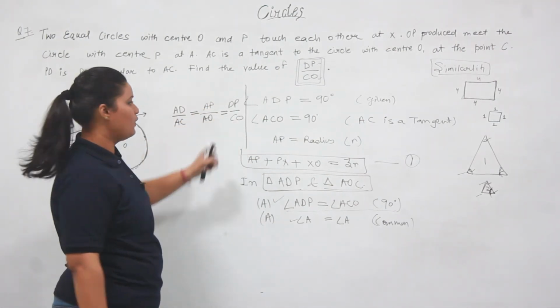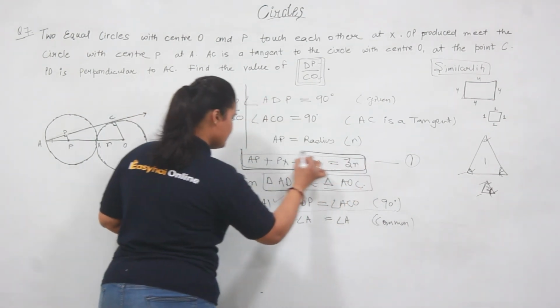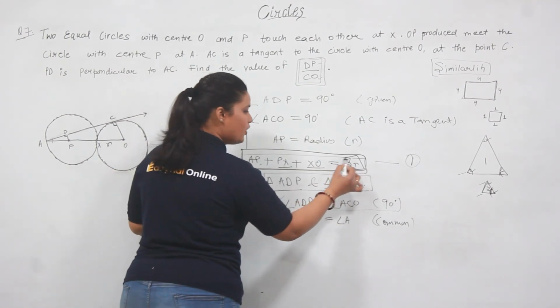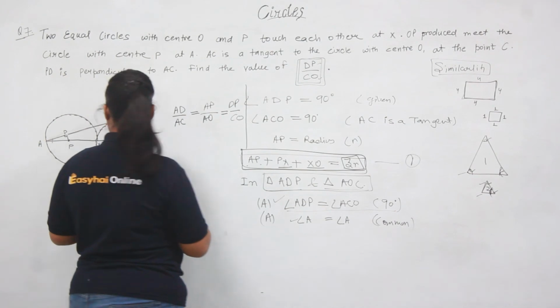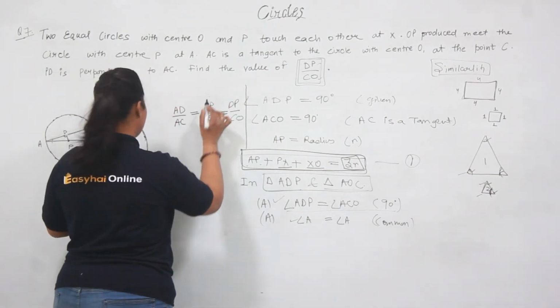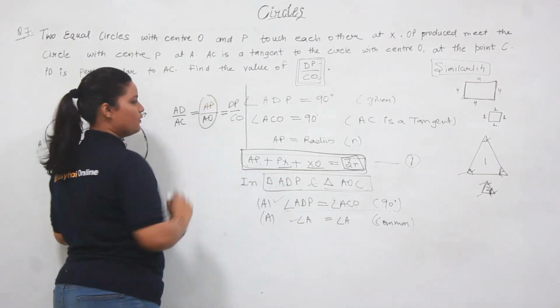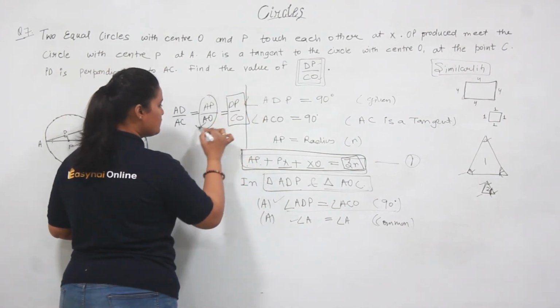Clear? Okay. Now one thing I have written here, that AP plus PX plus XO is equal to what? 3R. And here I have written AP upon AO, sorry, this one. So I have to find out the value of this. So can I take this one part?